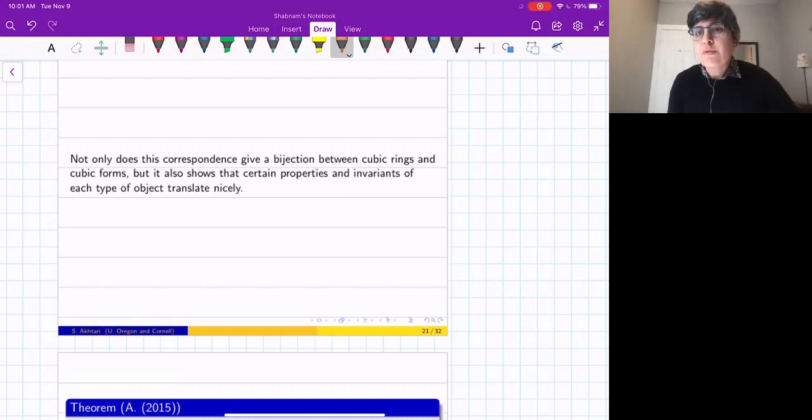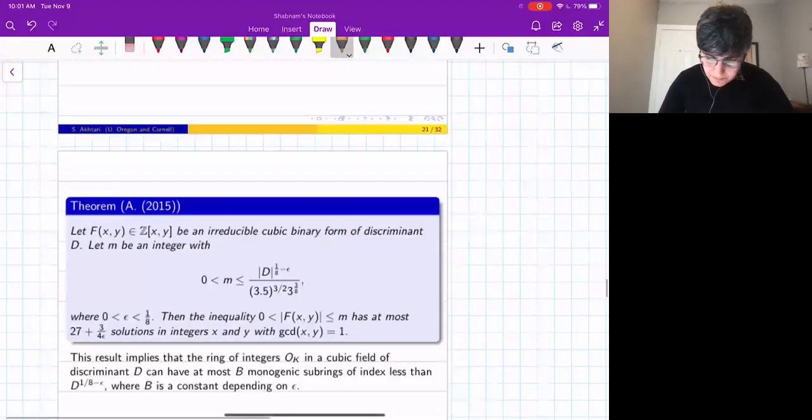I'm not talking about invariant theory much today, but the discriminant is something that is preserved, so you can tell what the discriminant of your ring is by just computing the discriminant of your binary form. You don't even need to have the basis for your ring to be able to compute that, and so on. And there are lots of other nice properties.